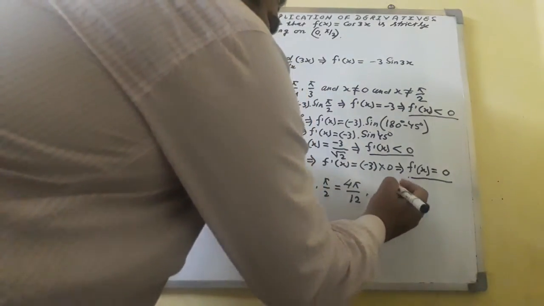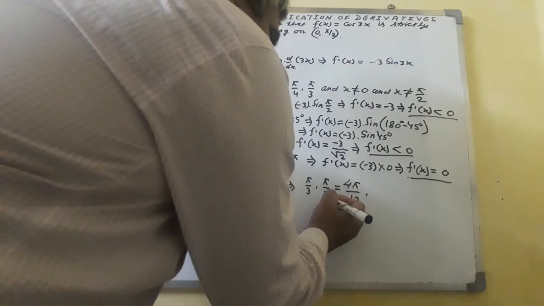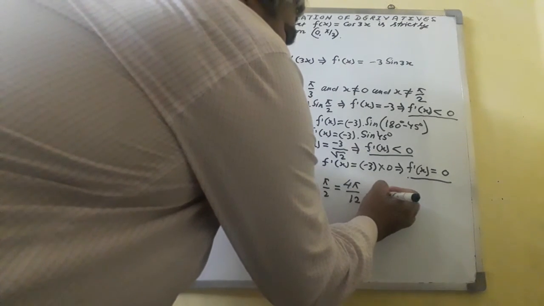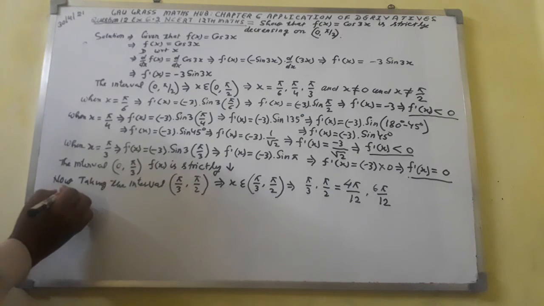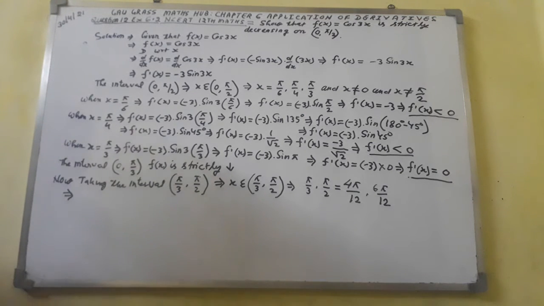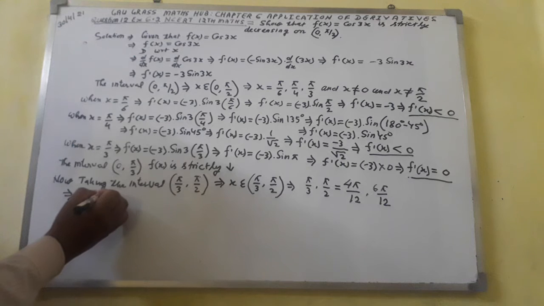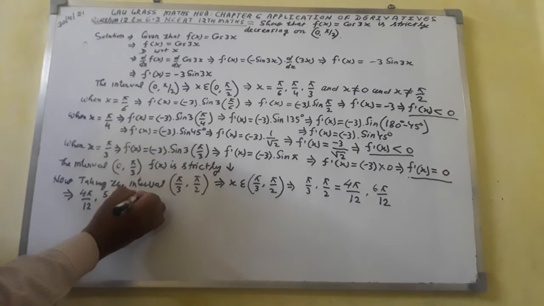And here you will get 6, 6 2s are 12, 6 over 12. Again I shall write here 4 pi by 12 comma 5 pi by 12 comma 6 pi by 12.